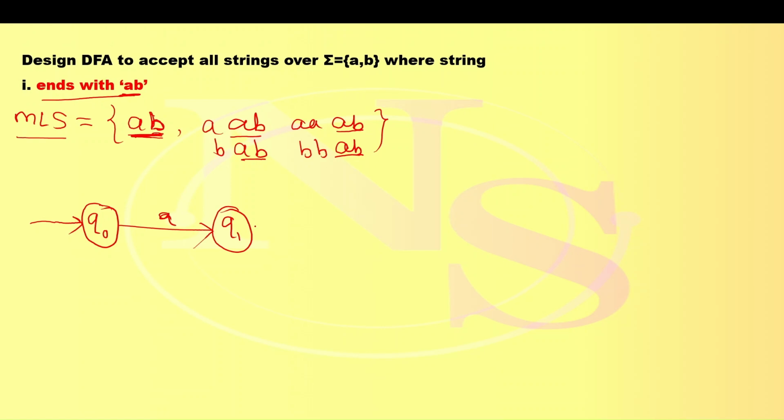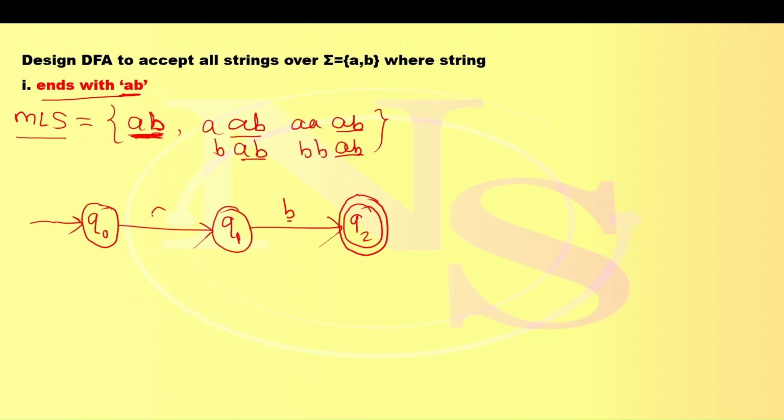Next symbol is B. Q1 reading B goes to state Q2. As AB is the minimum length string, it's a valid string ending with AB. So the transition for this A and B should go to the final state. So I'm making Q2 final. Once Q1 reads the last symbol B, AB is completed and the automata goes to the final state. Hence AB is getting accepted.